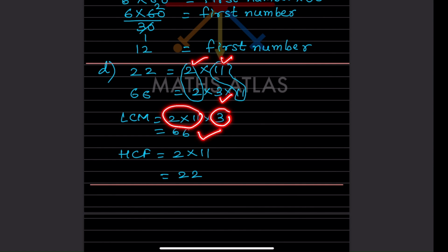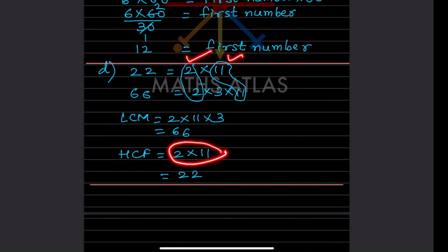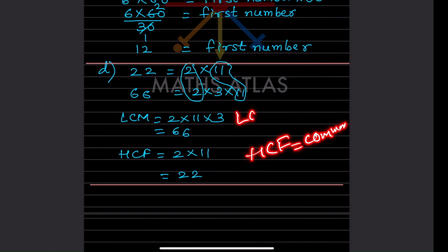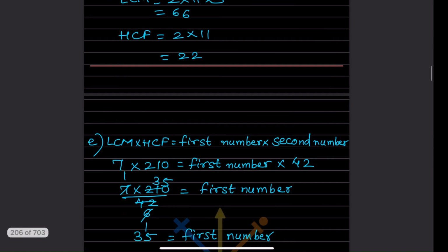And HCF, we take only the common one. So 2 and 11 are common, so the HCF will be 22. So HCF means only common, and LCM means common into uncommon. Hope you got this one.